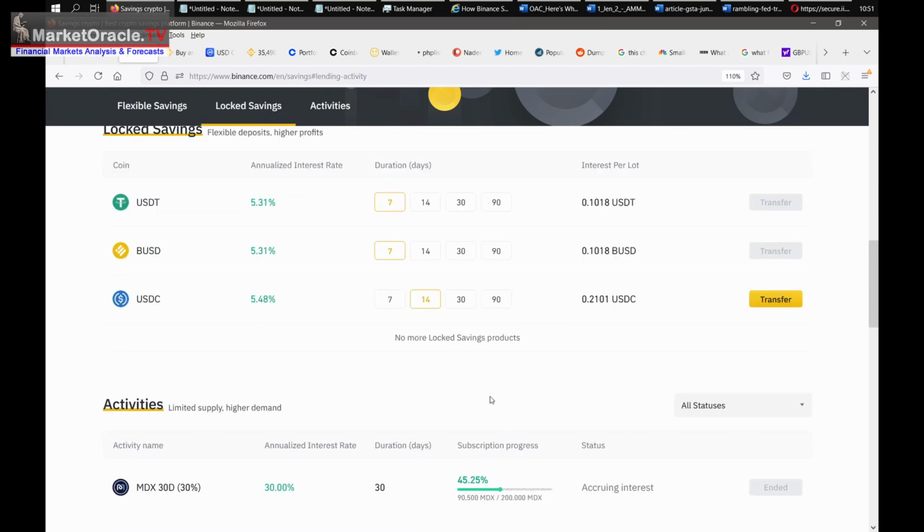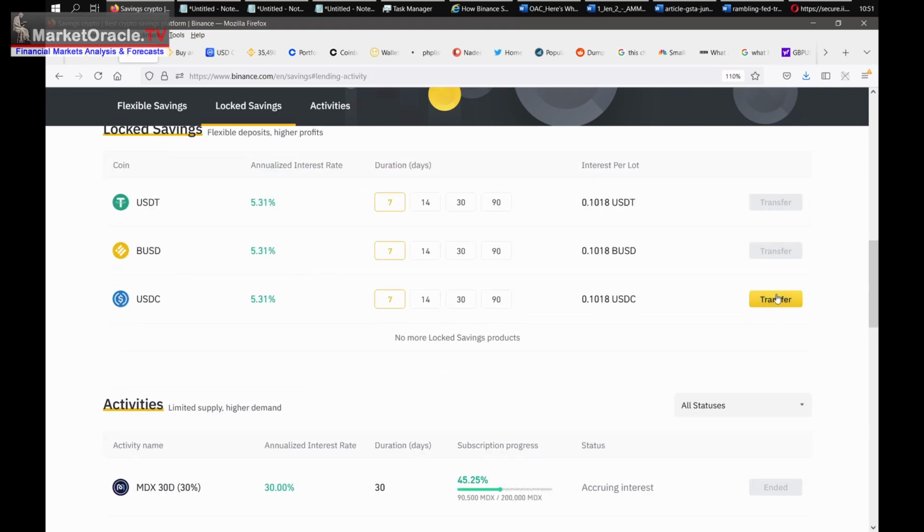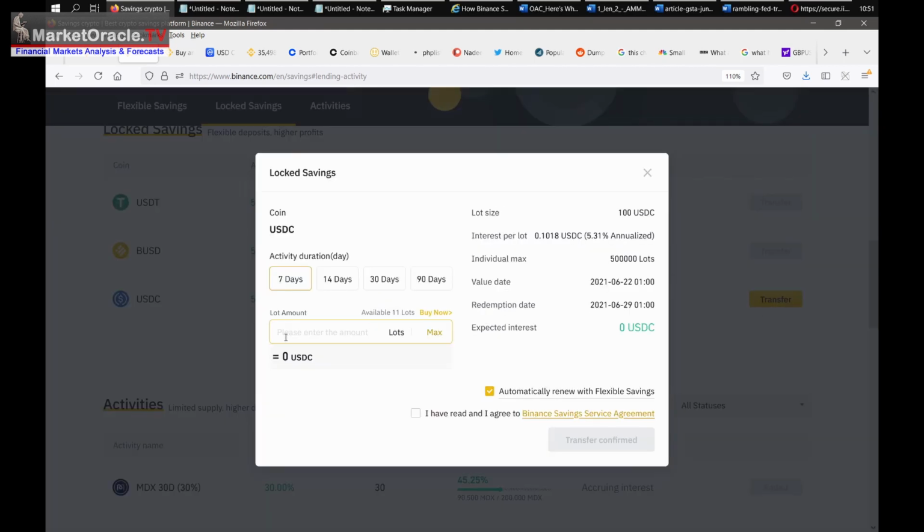Yeah, I don't think I'm gonna need it. I'll do 7 days rolling. That way, in case I do need it, I've got it. So let's transfer. Maximum 11. I'll get $1.